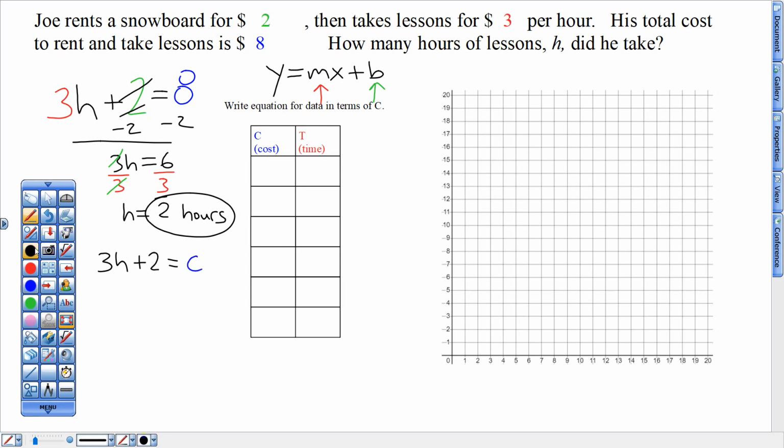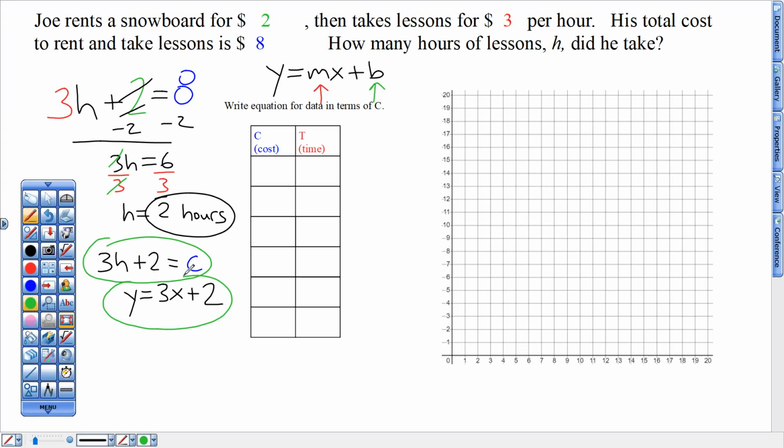If I was using that in regular slope-intercept form, that would be y equals 3x plus 2, if I was doing it just good old-fashioned generic equations. So know that those are the 2 equations that apply to this situation right here. $3 per hour plus that $2 deposit.